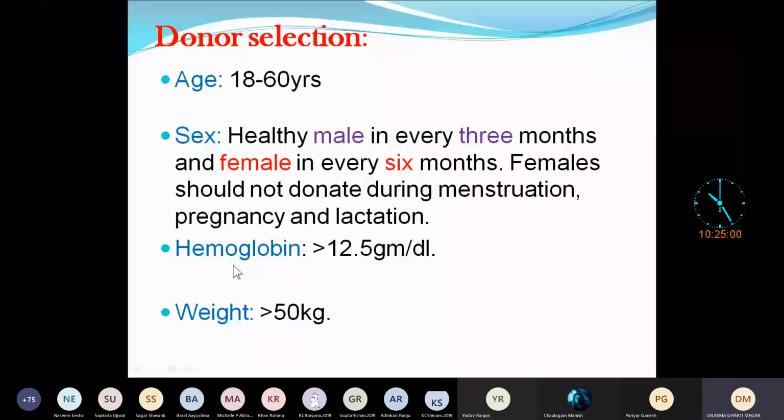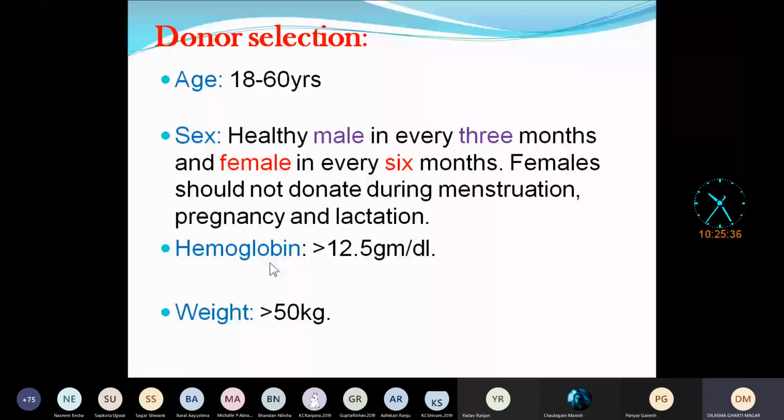If a person looks anemic and he or she comes for blood donation, we will ask for hemoglobin estimation. If it is less than 12.5 gram, we will not take blood from that donor.